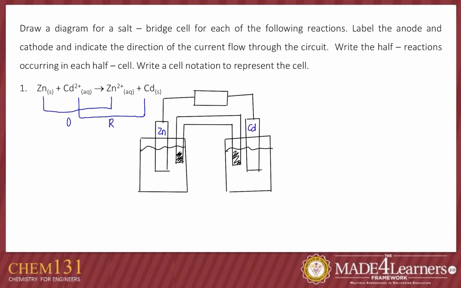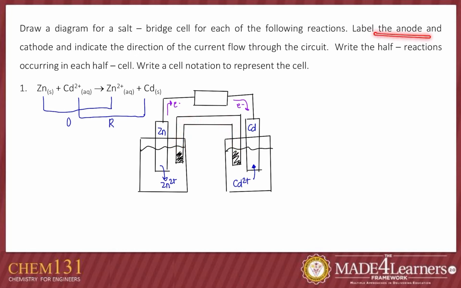As the reaction takes place, zinc will lose electrons to form Zn2+, and the cadmium 2+ in the reaction will go here to accept the electrons given up by zinc. And then the cation in the salt bridge will go to the cathode and the anion will go to the anode.